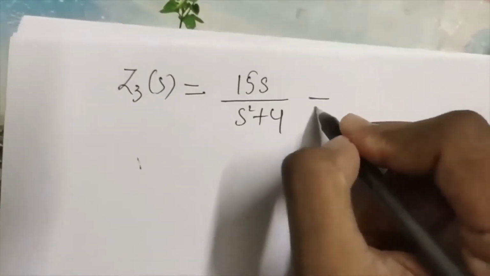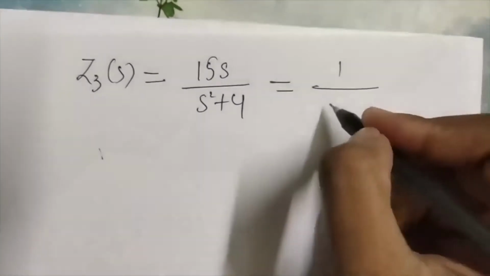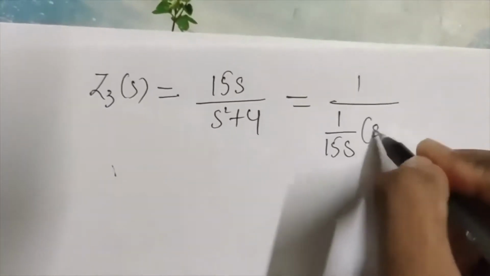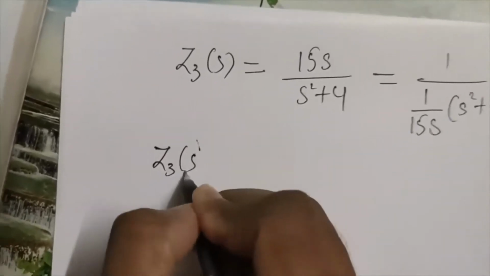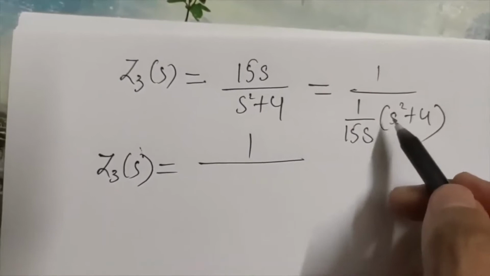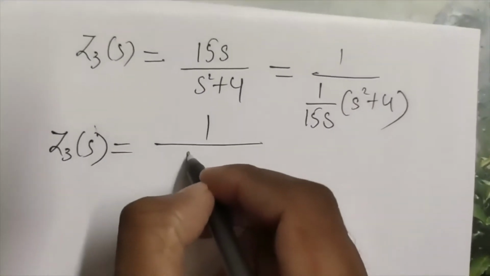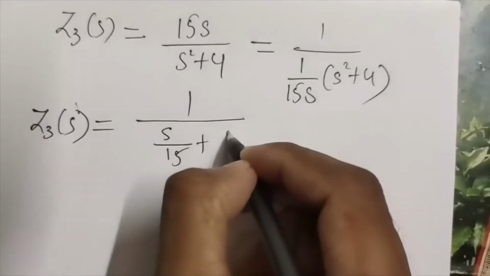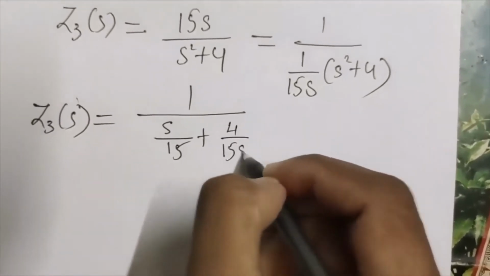So this I can write as 1 by (S square plus 4) by 15S. So Z3 of S is equal to, if I multiply, this becomes S by 15, and the second term becomes 4 by 15S.